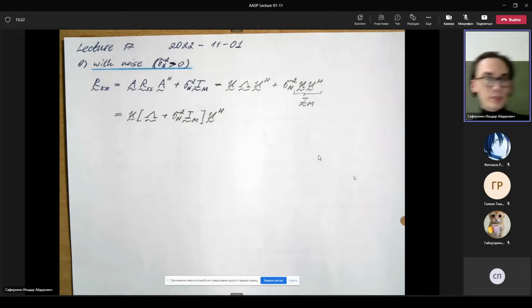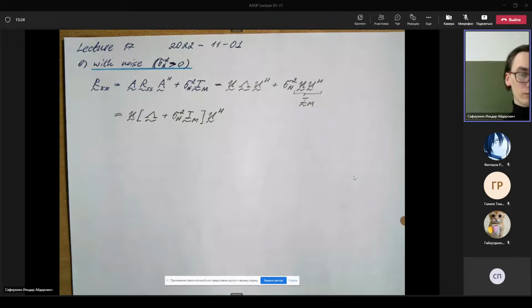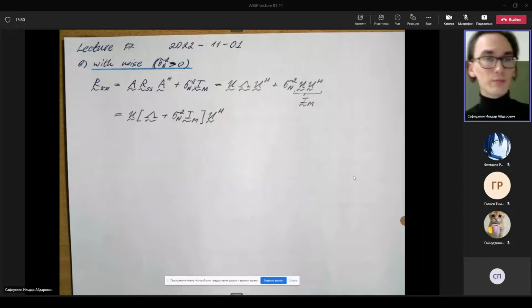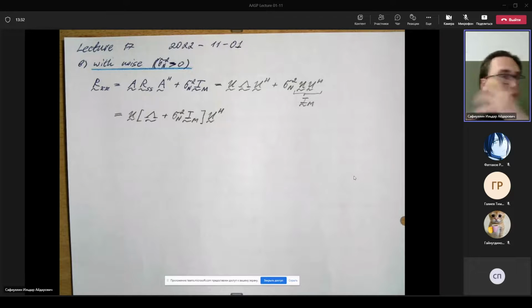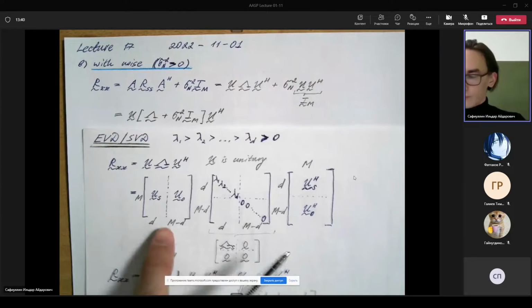And now you can already see what we'll have inside the eigenvalue matrix, but we will rewrite everything in a detailed way.